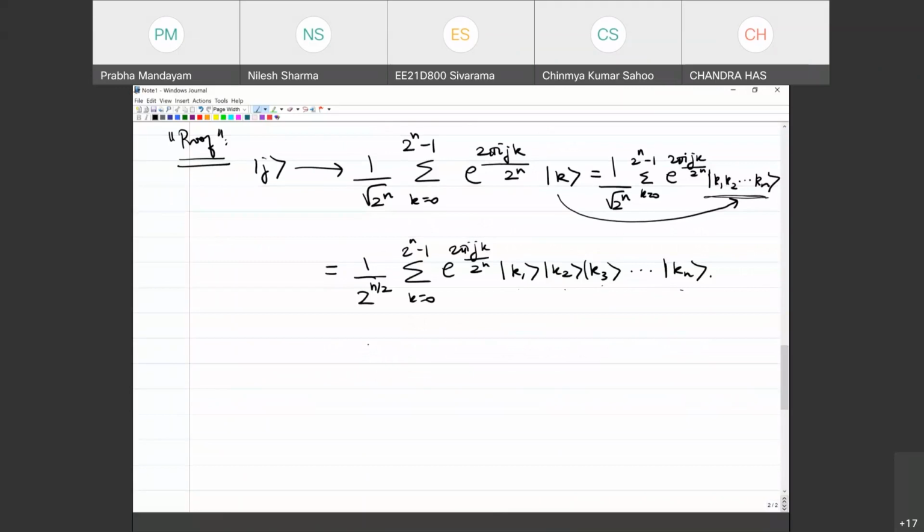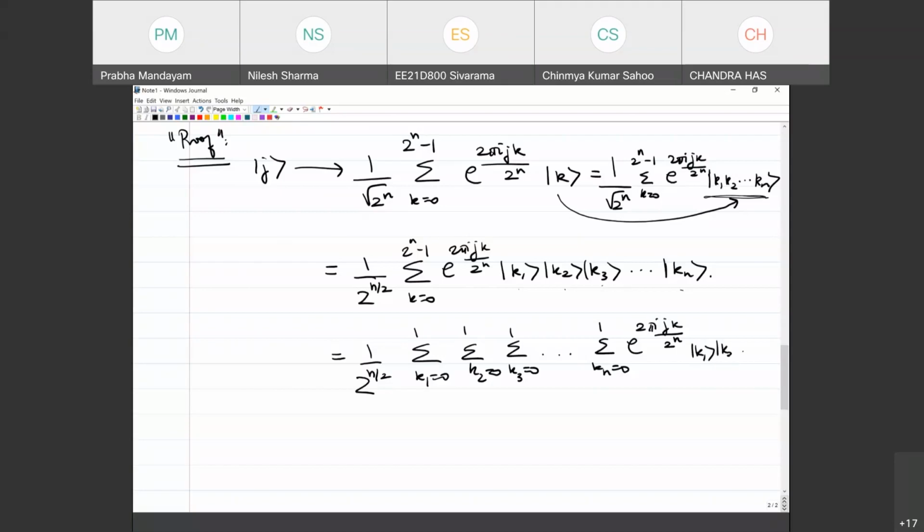Okay, so this becomes sum over k1 going from 0 to 1, k2 0 to 1, all the way up to kn 0 to 1. Capital N is 2 to the n, of course, right? So then I'll write this as k1, k2, etc.